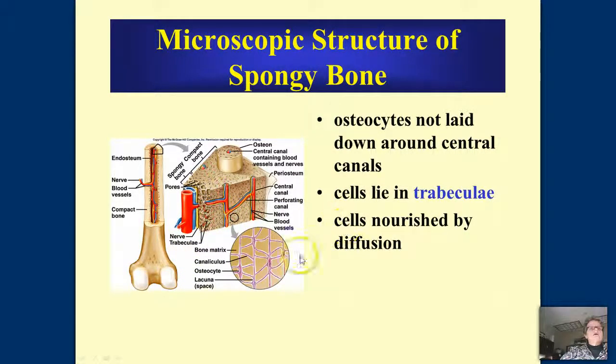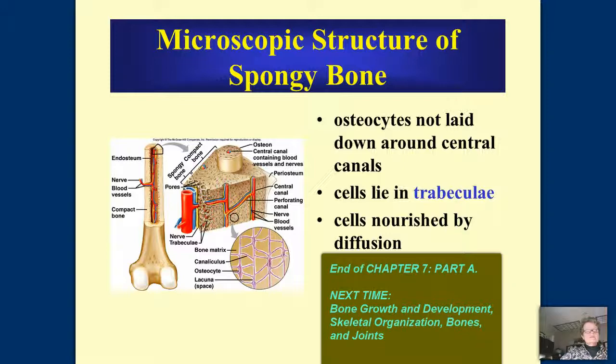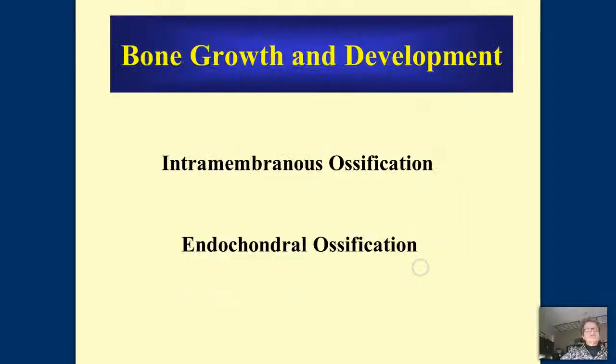And again, whether it's compact bone or spongy bone, the cells are nourished by diffusion, the movement of those molecules from those blood vessels, because you don't see blood vessels going directly to that living cell. They don't branch off and go to the living cells. Things happen because of diffusion. Cells are nourished by diffusion, and unwanted waste product is given off by diffusion.